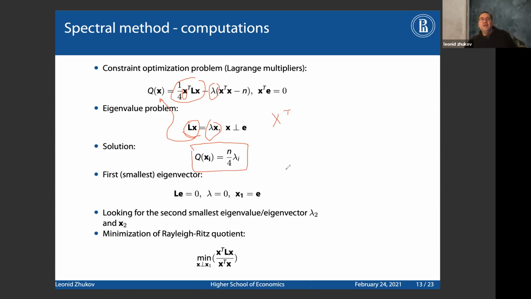Now, what's interesting is that for the Laplacian matrix, the solution that is the smallest one, the smallest eigenvector, is actually a trivial solution. It's the solution of all ones, and I'll just give you an example here.